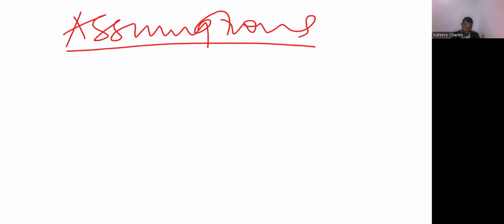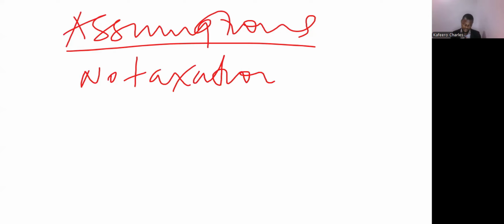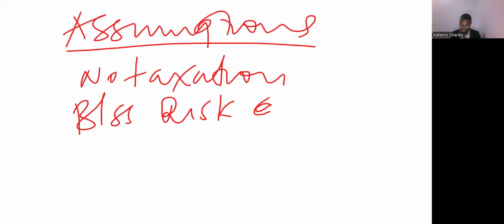They are also saying that the business risks are constant, regardless of how the company investment or its funding is structured. They are also ignoring the aspects of taxation, so we have no taxation. Business risks are constant, and others. So we now want to look at what is the implication of this.